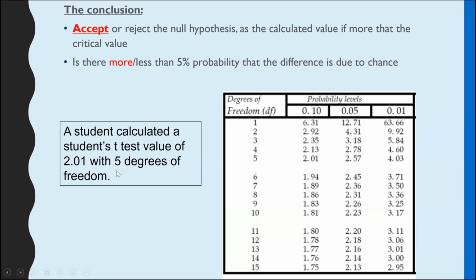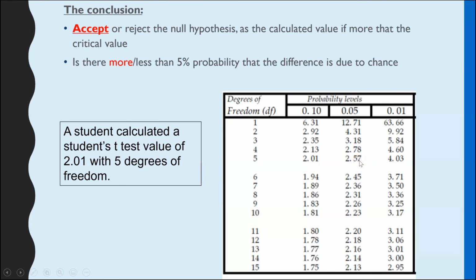Another example here: a student calculated a student's t-test value of 2.01 with 5 degrees of freedom. So 5 degrees, again we need to compare it at 0.05, but this time our calculated value of 2.01 does not meet or exceed that critical value.